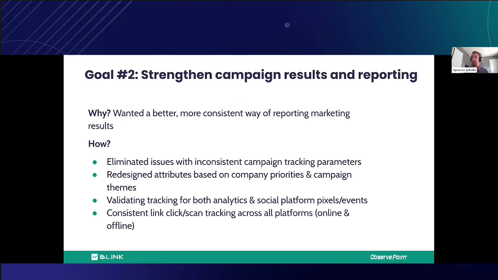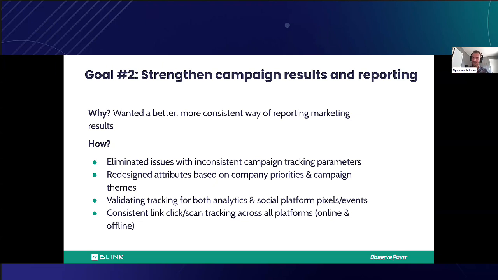And at the end of it, we do this big wrap-up report on how did clearance do? What are the channels and tactics that did really well? What do we want to change for the next cycle that we have? And that was very difficult before utilizing BL.INK and ObservePoint, because everyone would create different tracking parameters. They may call it a little different. One may be clearance 2024, one may be clearance, but they spelled it wrong.